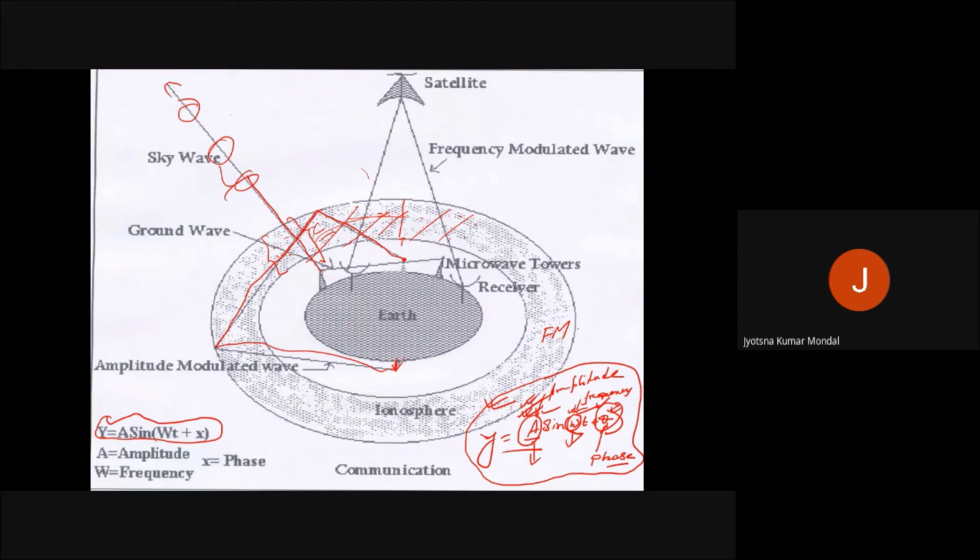First, you see, microwave towers are there. Because the communication is that we have the ground wave, which is coming towards the ground because of the curvature of the earth. After some time, it will emerge on the surface. We have two types of wave: this is your ground wave and this is your sky wave. So the sky wave, who will reflect it?